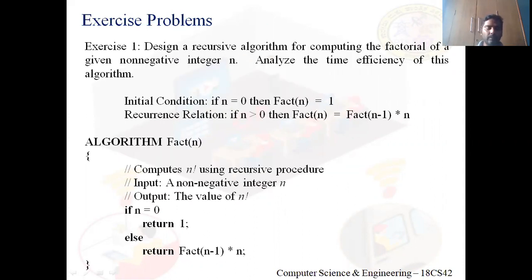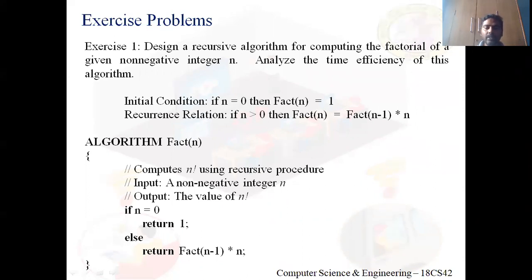Now we come back to the algorithm. Suppose n is greater than 0. How many multiplications are done? Looking at the algorithm, at the return statement we find one multiplication. But you also need to consider the multiplications involved on invocation of factorial with n minus 1.